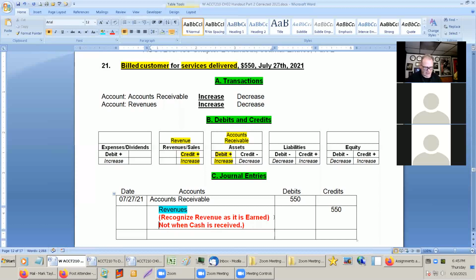Now, if you do a job and they pay you cash, you recognize it as revenue. But if you do your part of the job and they haven't paid you, you still count it as a revenue. That's different than what a lot of people would think intuitively about accounting. But when you've done what you're supposed to do, it's a revenue.